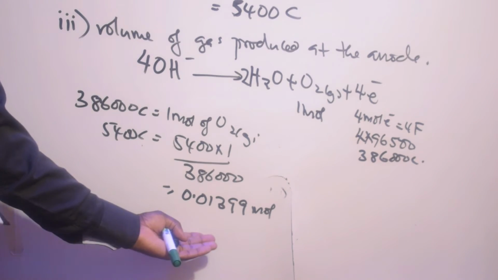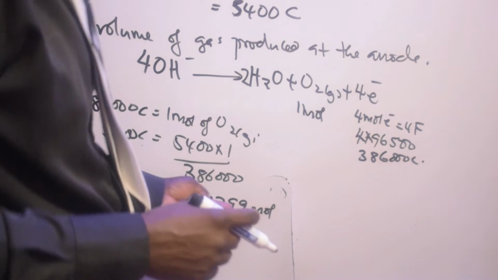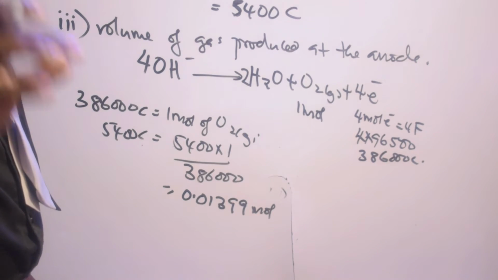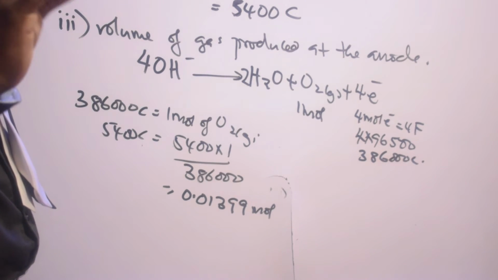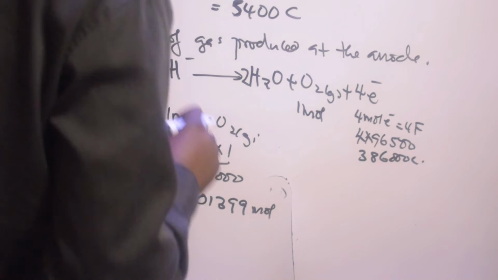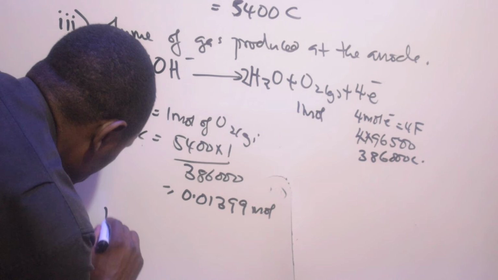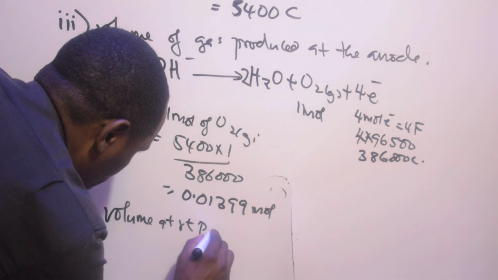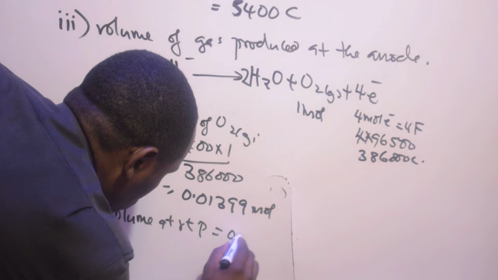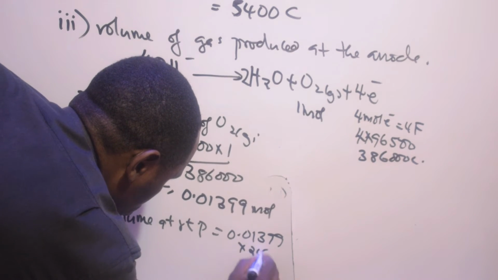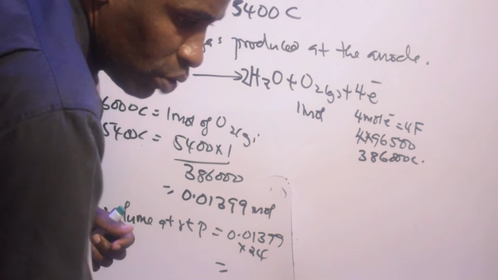Now, of course, if I want to convert moles to volume, given that I'm working at room temperature and pressure, the molar gas volume at room temperature and pressure is always 24 cubic decimeters. Therefore, to convert these moles to volume at RTP, I'll just have my 0.01399 and multiply by 24.